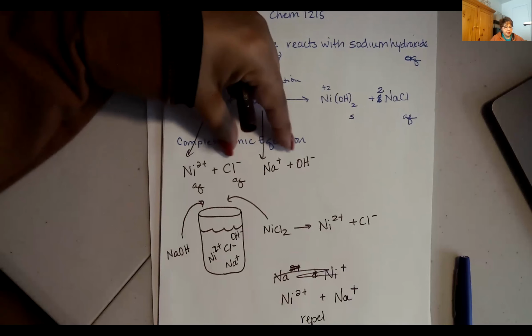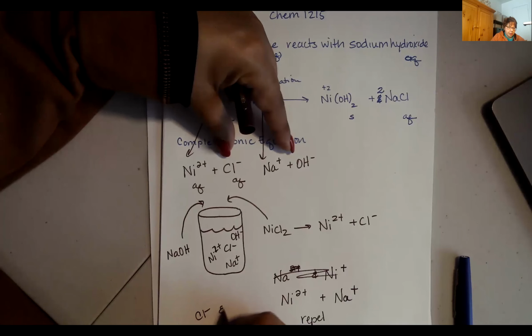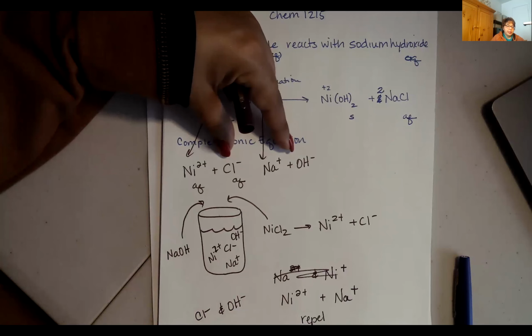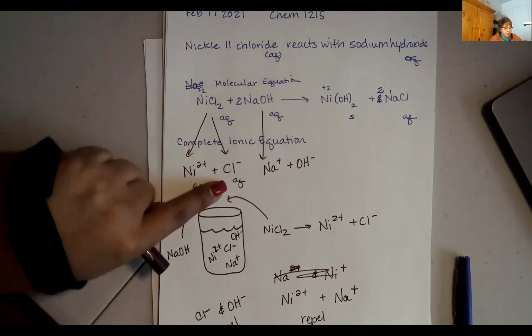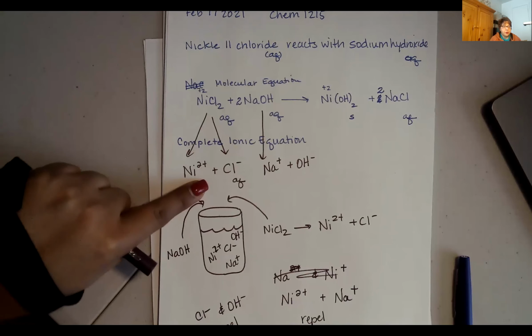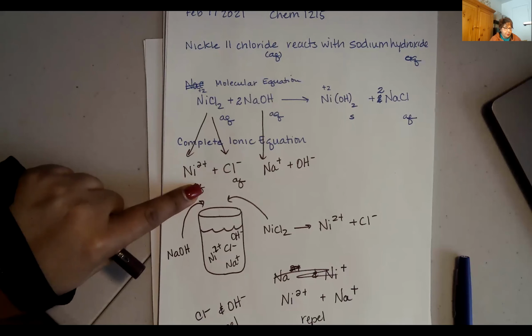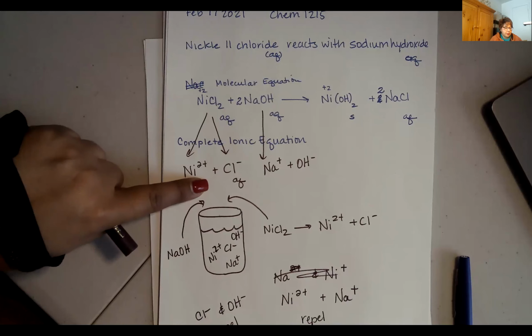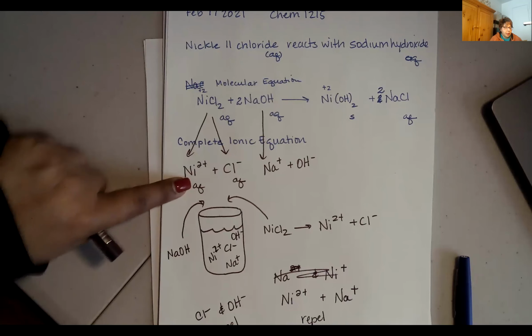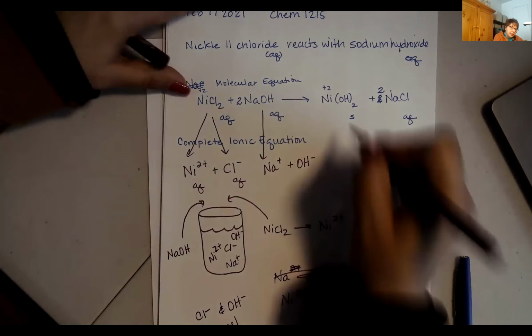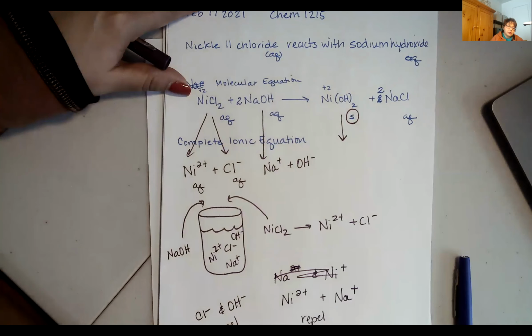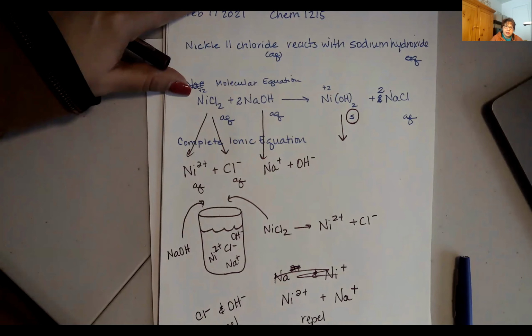The same thing is going to happen between the chloride and the OH. They're not really going to attract each other because of their like charges. They're going to repel one from another. The sodium and the chlorine might bump into each other, or the nickel and the chloride, but they're not going to stay together because they're aqueous. But if the nickel and the hydroxide bump into each other, then they form something that is insoluble.